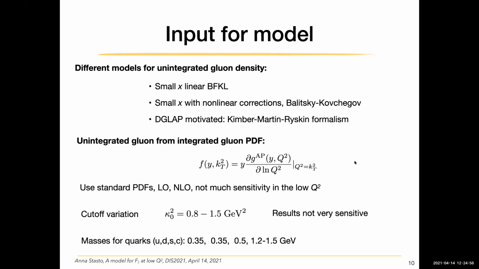It turns out that in the low Q square region there is not much sensitivity to it because the perturbative contribution is not large, but nevertheless one can explore different scenarios here. This cutoff turns out to be somewhere between 0.8 and 1.5. The results are somewhat sensitive to it, but not too much. And we use the following masses of quarks, which are the constituent quark masses for the light set of quarks.